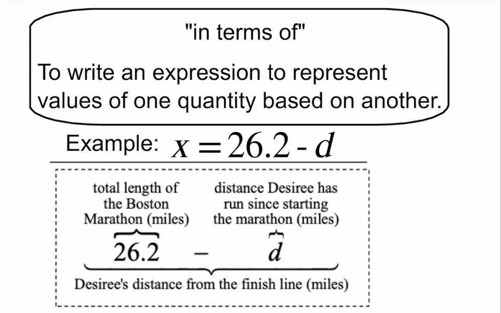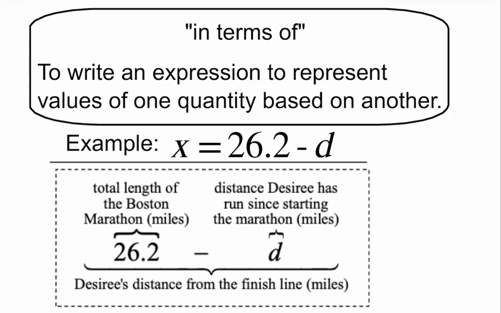We saw this when we did mod 2.1, when we were dealing with the distance that Desiree had run, and we had said how much more does she have before she hits the finish line, and write that in terms of the starting distance. And remember how we got that 26.2 minus D. We've actually written X in terms of D.